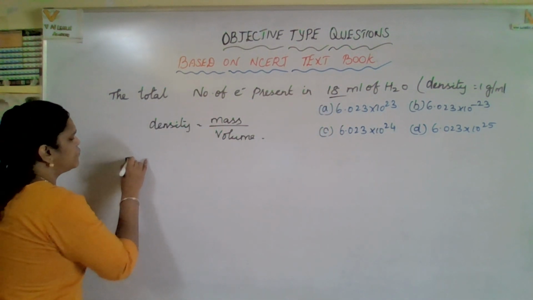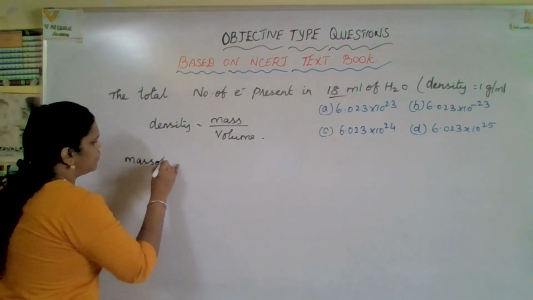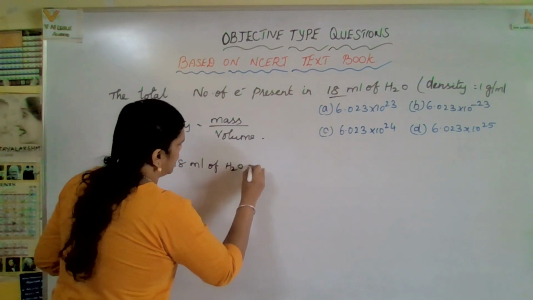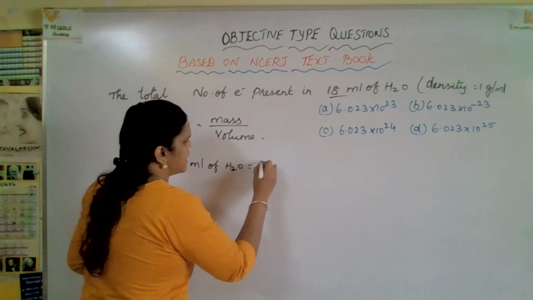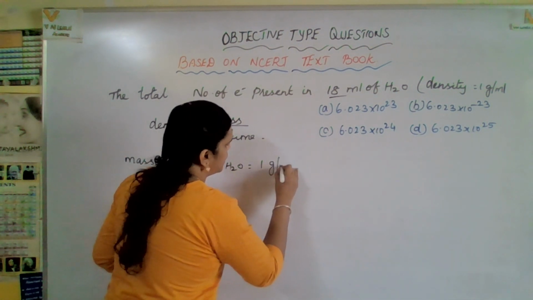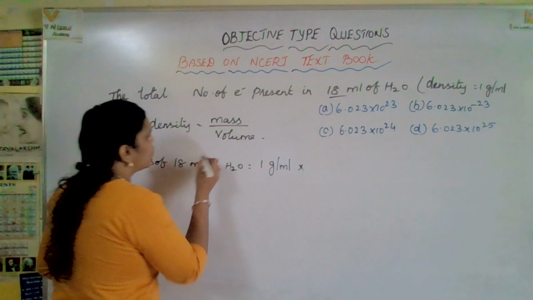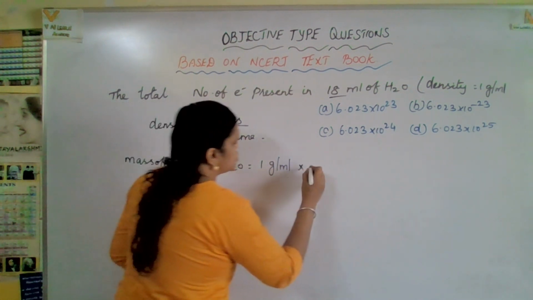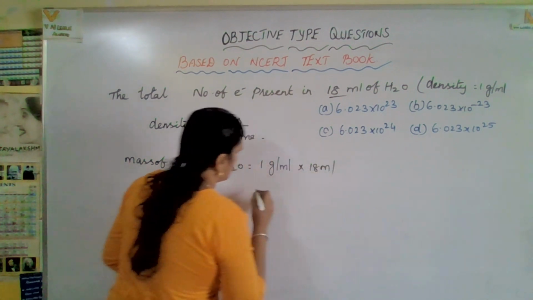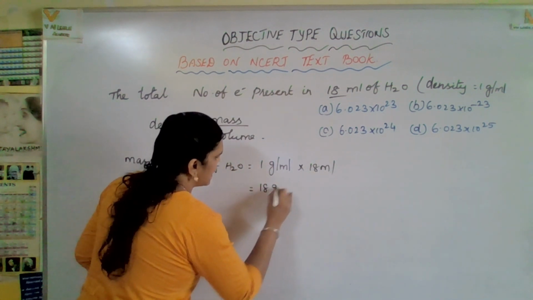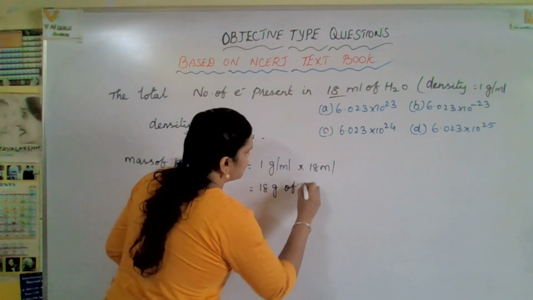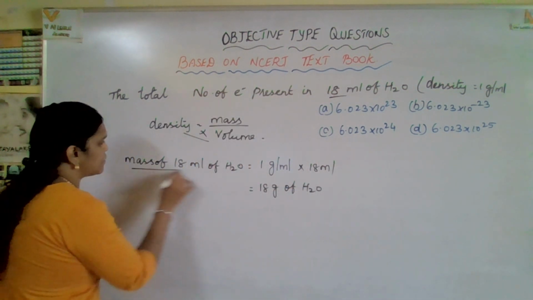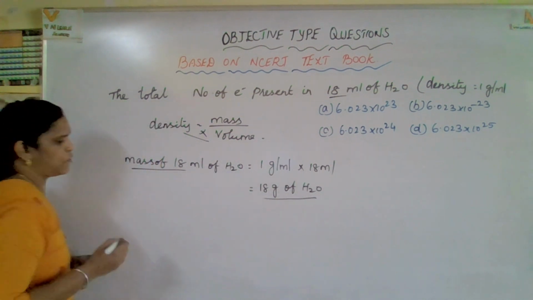So mass of 18 ml of water equal to density, 1 gram per ml, into volume, 18 ml. These two we have to multiply, so you are getting 18 gram of water.